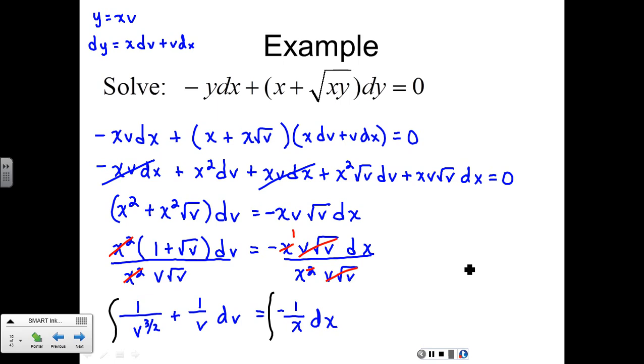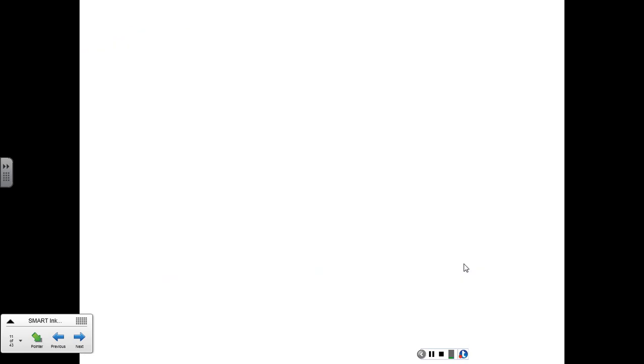What's dividing by negative a half? The same thing as multiplying by negative 2. So for that first part, it will be negative 2 v to the negative 1/2.